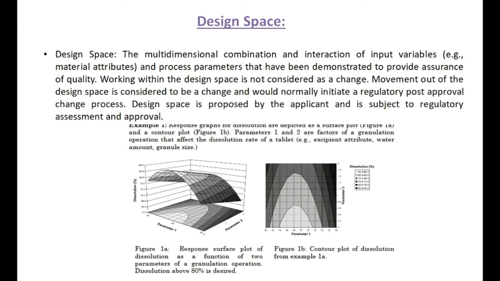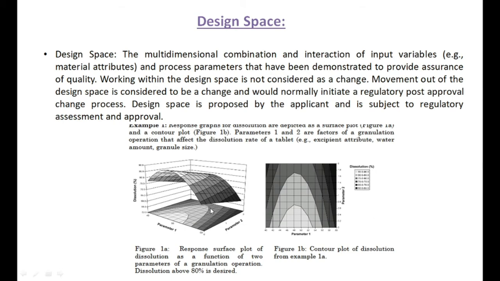So whenever an applicant develops this design space during the submission and mentions it in the application, then if a change goes outside this design space, it initiates the regulatory post-approval processes. Once the commercial batch is out, if any change is done within the design space, it will not require the post-approval change process regarding regulatory approval.